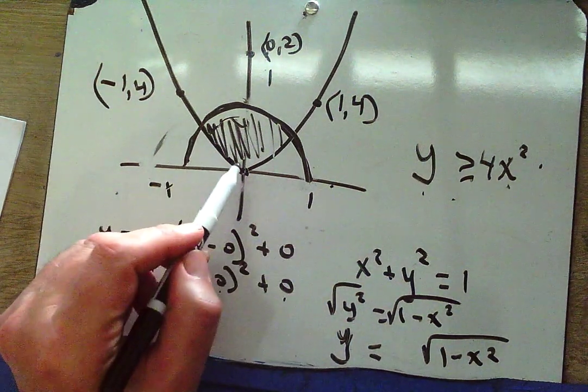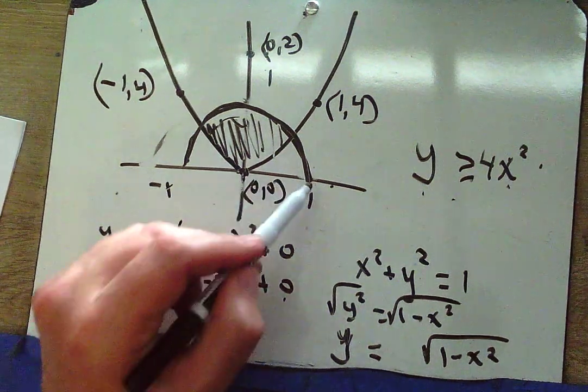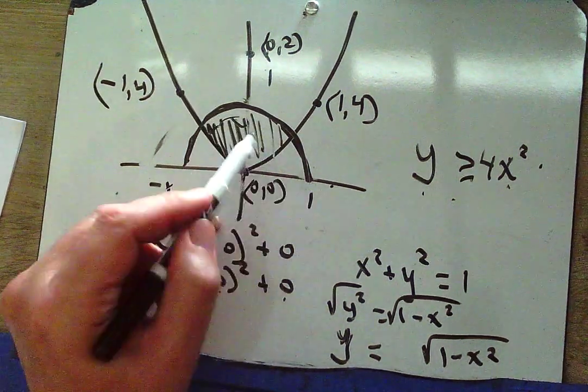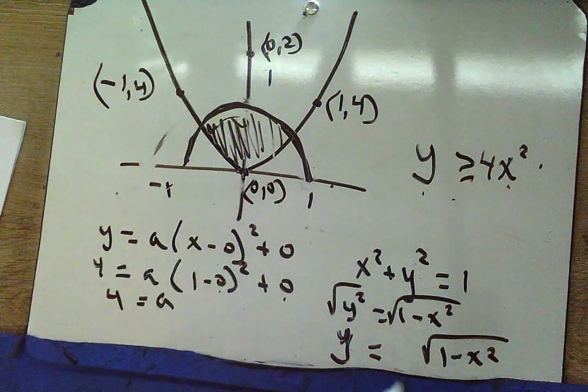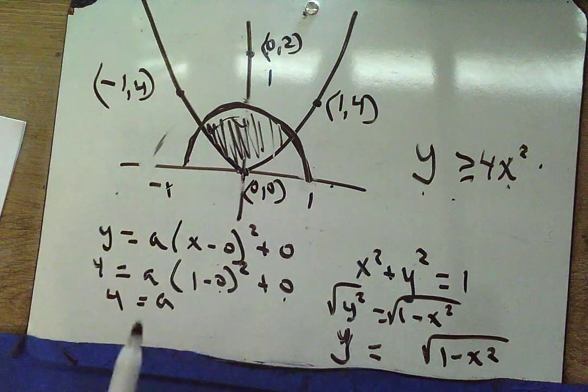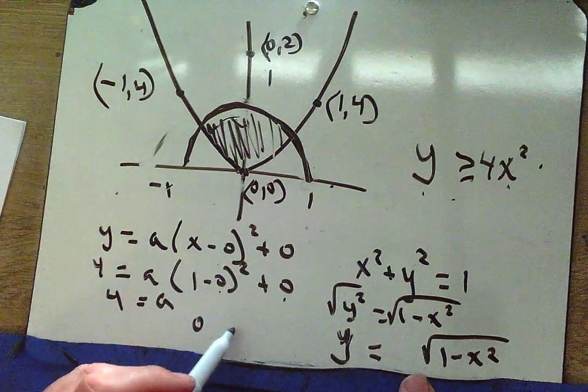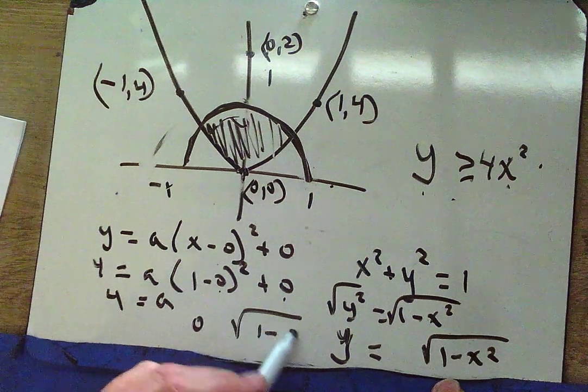This time, (0, 0) is a yes. If I plug in (0, 0) into the semicircle inequality, I see the shading is inside. So I want the inequality to support yes when I plug in (0, 0). I plug in 0 there, and I have the square root of 1 minus 0.